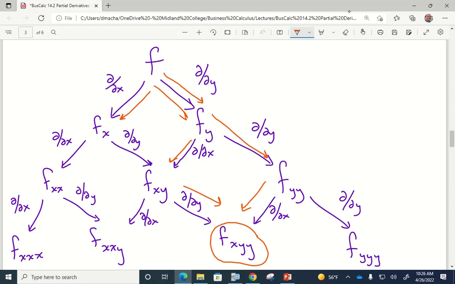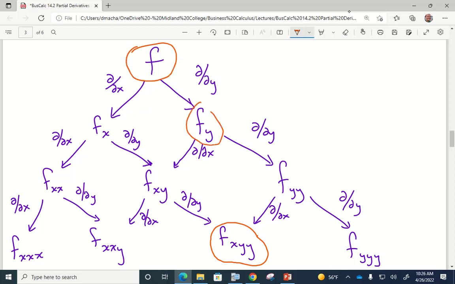Or you could say, I'm going to do this, and then this, and then this. And that's all your options. But you have 3 different ways that you could calculate some of those third derivatives. But hopefully you guys see how all these things are related to each other. And again, the really important theme here is that the order in which you're taking these derivatives doesn't matter.